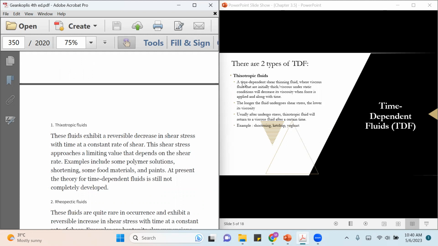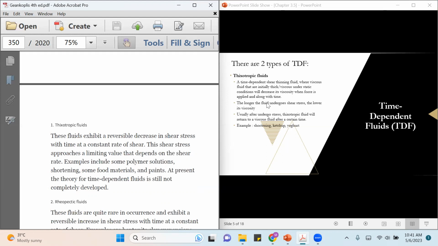However, since it's TDF, the viscosity of this type of thixotropic fluid will get less and less viscous by the time as well. So it's not only depending on the shear stress applied, but it also depends on the time.